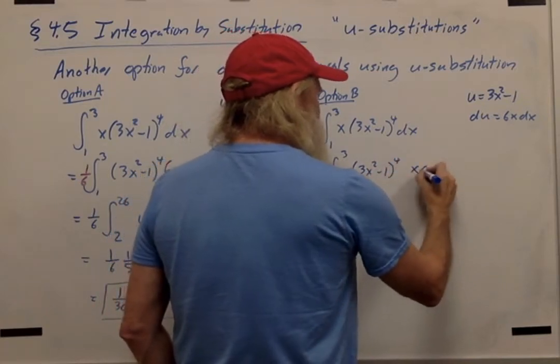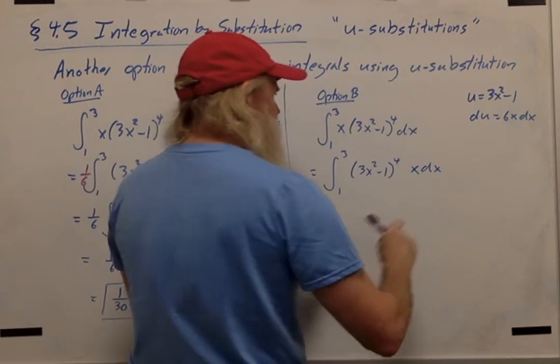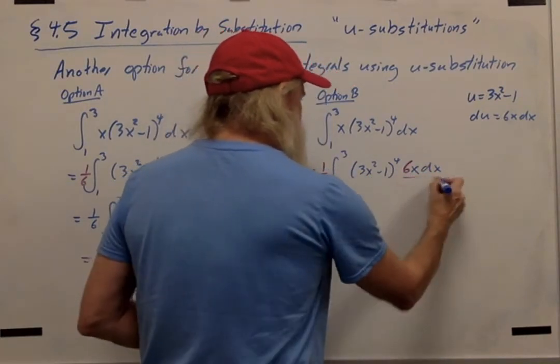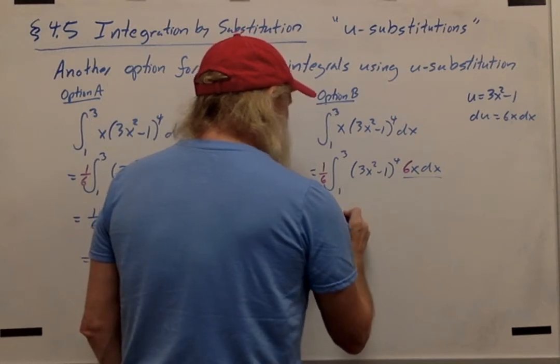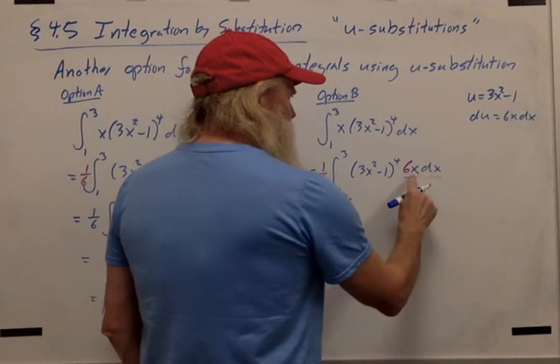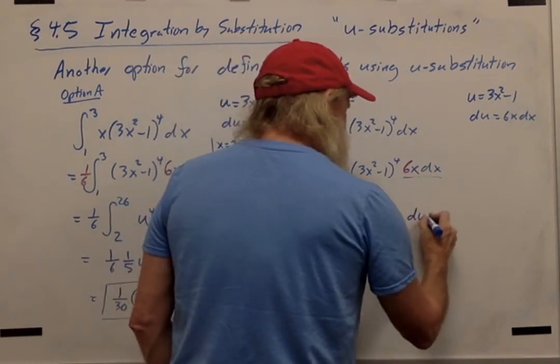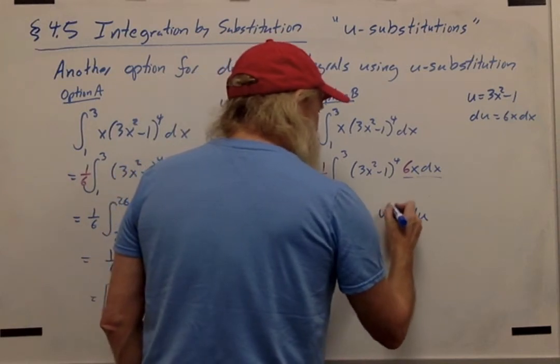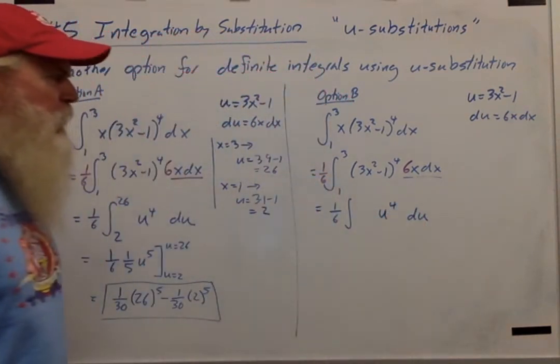I move the x over with the dx and multiply and divide by 6. So that gives me 1/6 the integral of the 6x dx becomes du, and the 3x squared minus 1 becomes u. So 1/6 the integral of u to the 4th du.